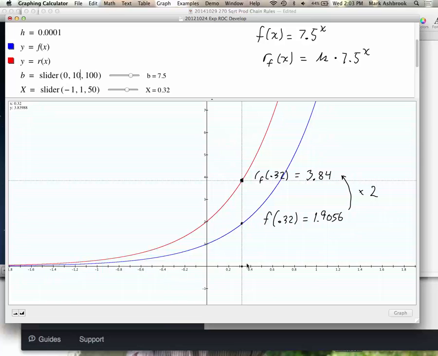So what do we think maybe for the rate at 0? Let's see if it's like 2. So f of 0 is 1. The rate at 0 is 2.015. Okay, so it's looking like when the function is 7.5 to the x, this constant multiple is something like 2.